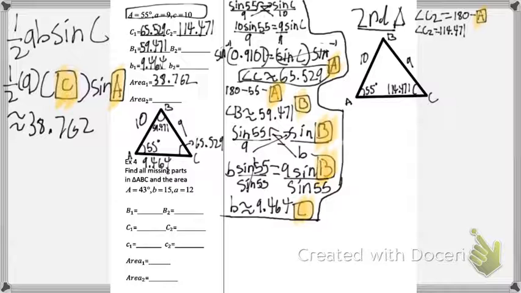And now let's subtract 180 minus 55 minus, now let's add this as letter D. Let's highlight that. So now 180 minus 55 minus 114.471.